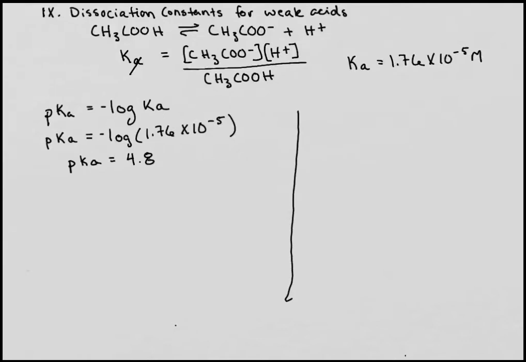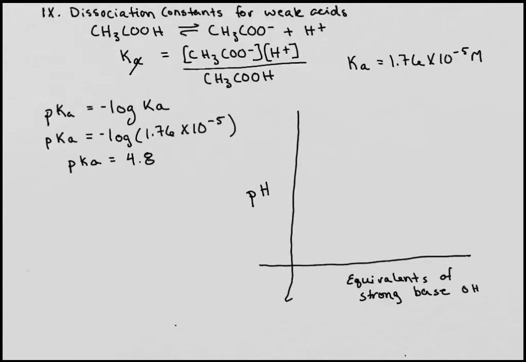If we make a graph that could be experimentally determined in which pH is given on the y-axis, and either the equivalents of strong base, that is OH minus, or we could look at this as also being the hydrogen ions dissociated per molecule of our weak acid.